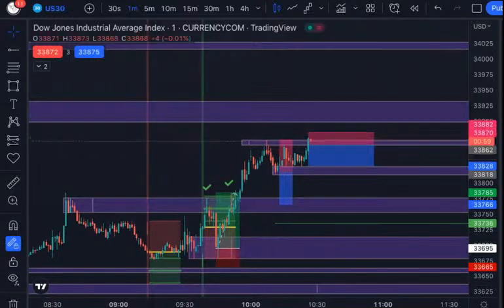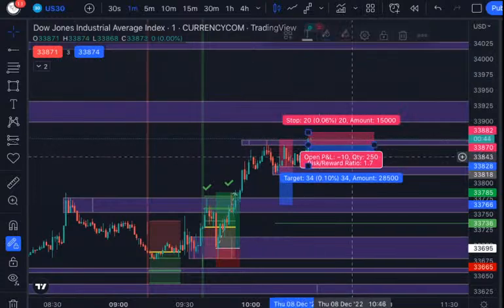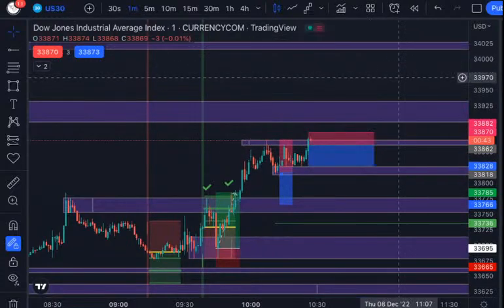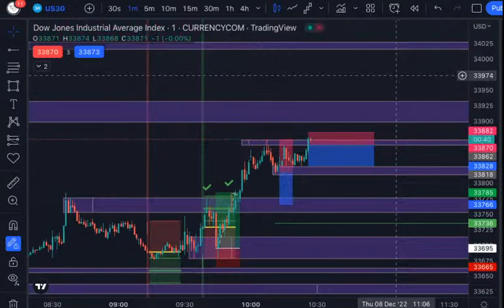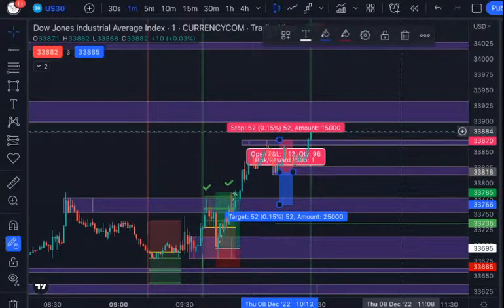Now it's time to enter the buy. There goes that buy situation. Let's delete this. It might actually hold that position. There we go. There we go. All right, so let's delete this. Boom. Both of those are deleted. Null and void.